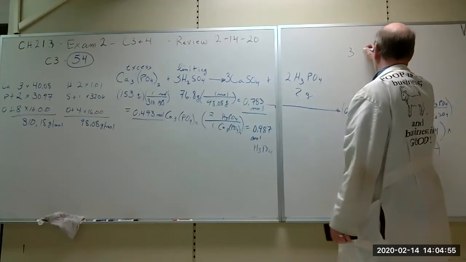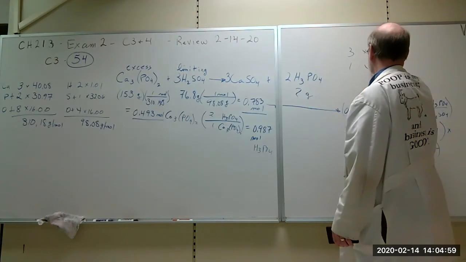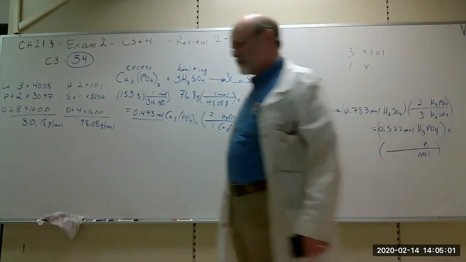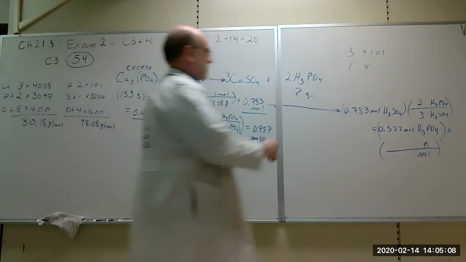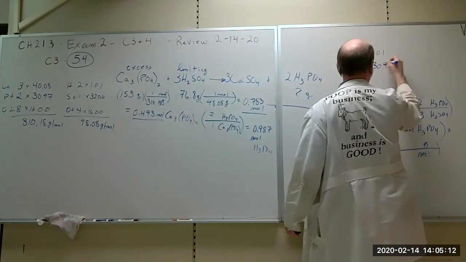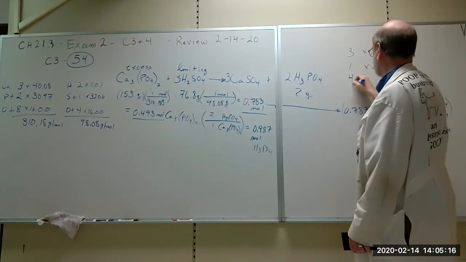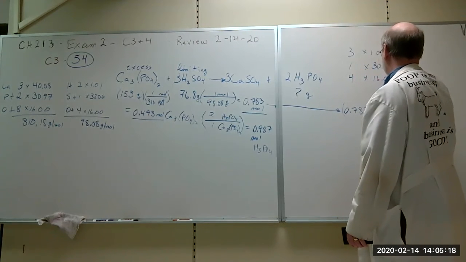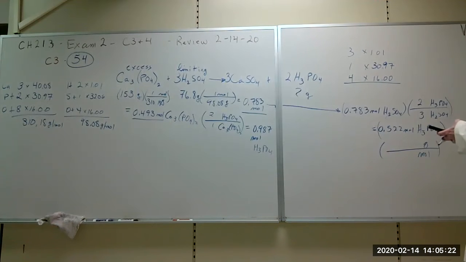So 3 times hydrogen and 1 phosphorus, get 30.97. I'm thinking sulfur. 30.97. And then 4 oxygens. So that's a molar mass of our H3PO4.